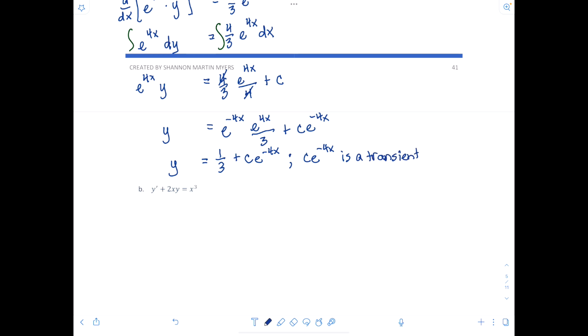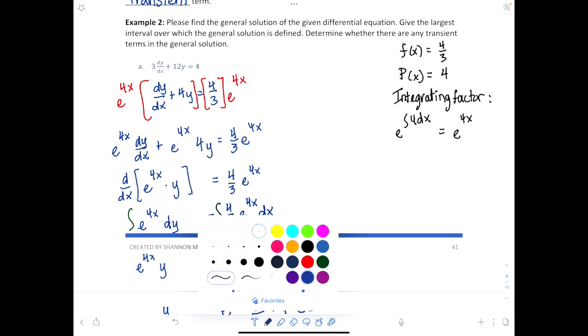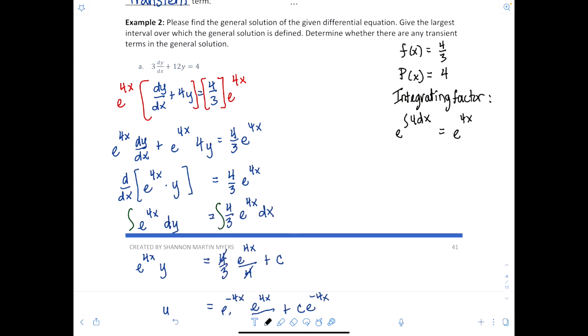We also needed to figure out the domain. So the domain we figure out from our f of x and our p of x. So do you see there's no restrictions on our domain? So minus infinity less than x less than infinity.